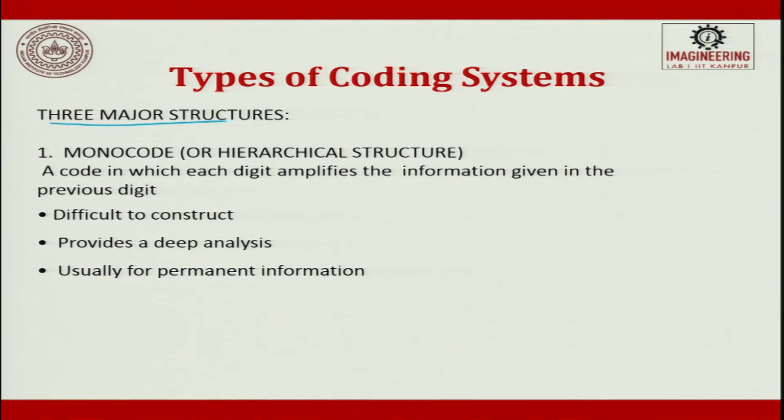So, there are three major structures. Monocode is a code in which each digit amplifies the information given in the previous digit.